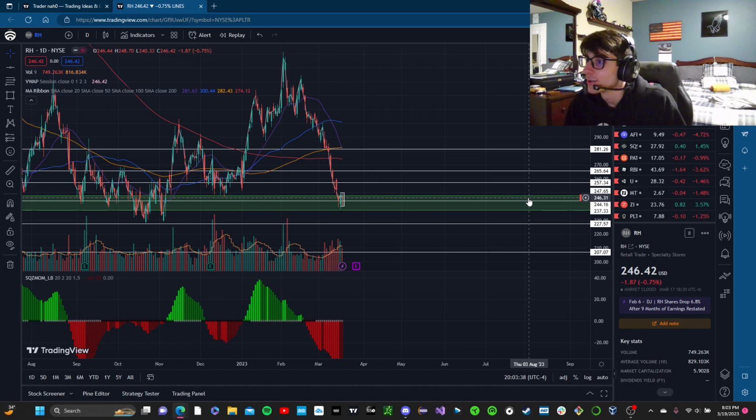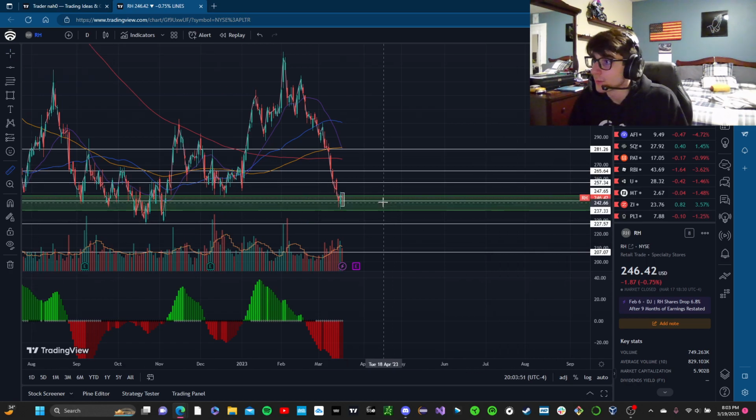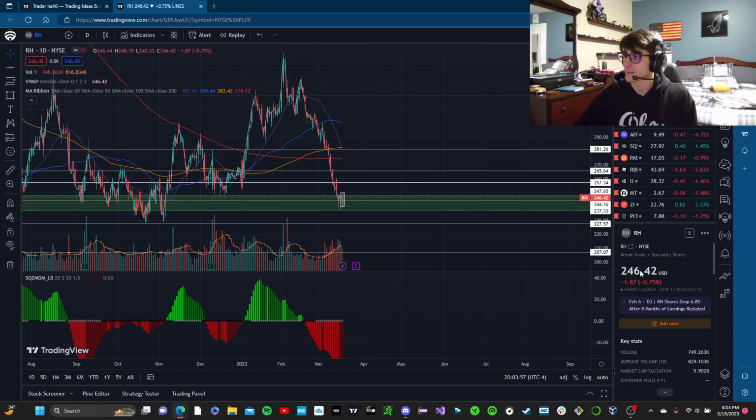What would I look for? Well, I would look for 247 and take a little bit off, and then I would take probably the whole position, or leave very little in, at 257. What percentage gain would that be if I got in at the line? That'd be 5%. Because RH is an expensive company, with expensive shares, it would be $13 a share.